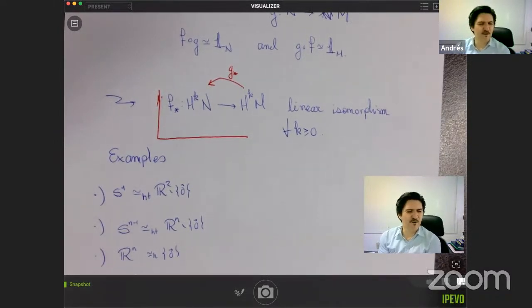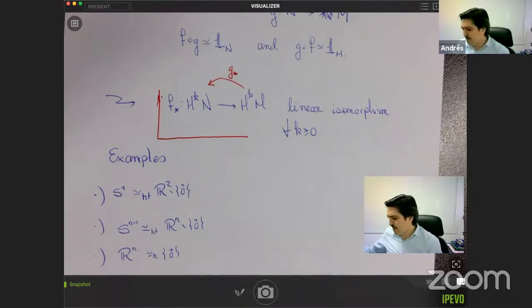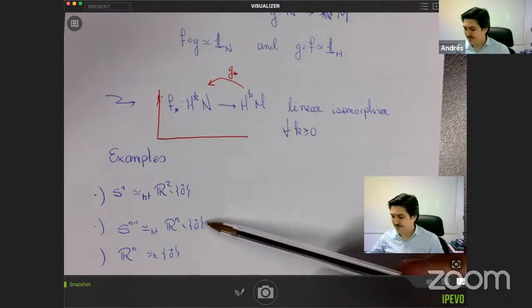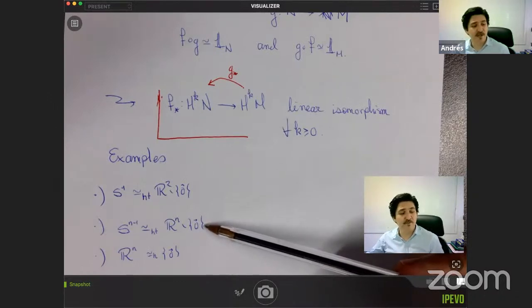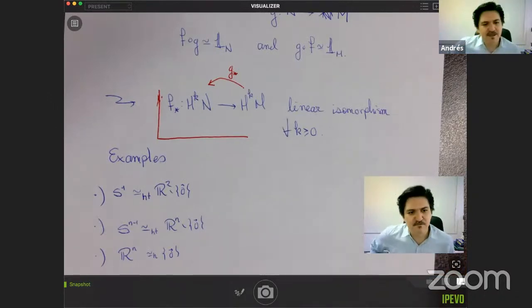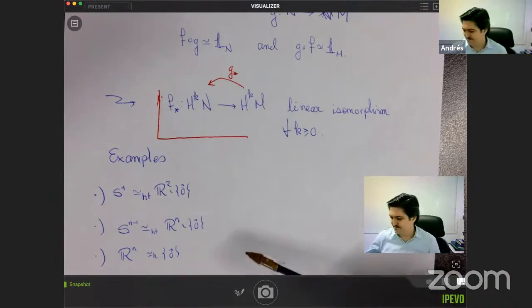Remember, the first one was the motivation of this concept using the winding number. So the circle has the same homotopy type as R2 minus the origin. And also the (n minus 1)-dimensional sphere has the same homotopy type as Euclidean space minus the origin.